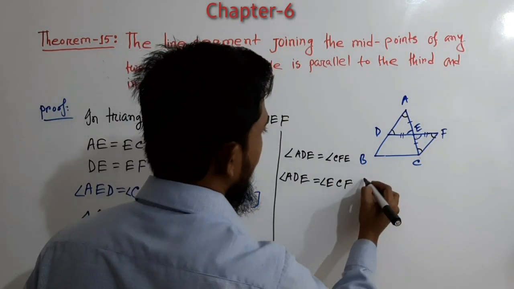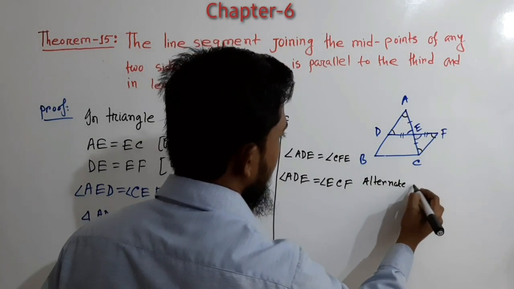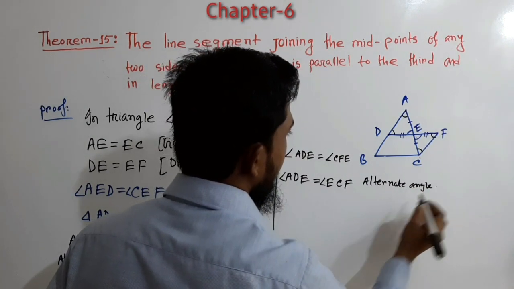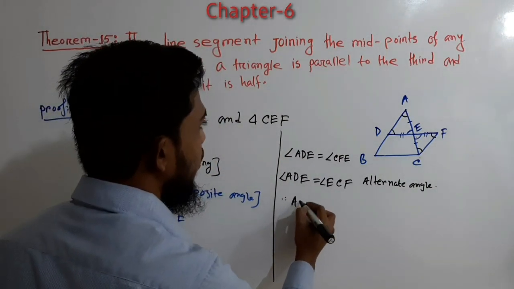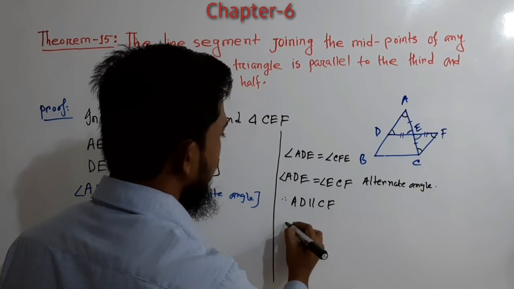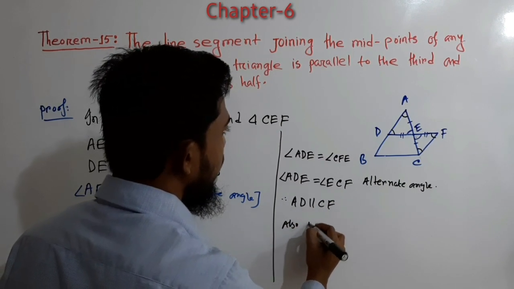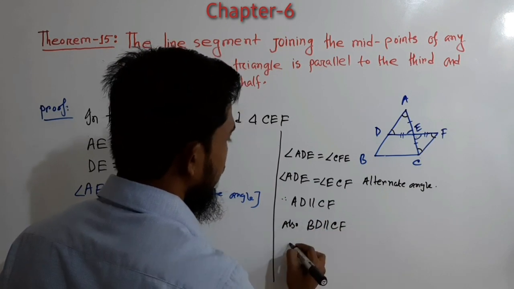Those are alternate angles. So, AD parallel CF, also BD parallel CF.